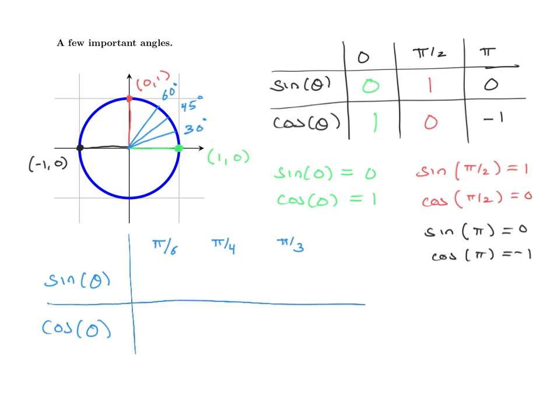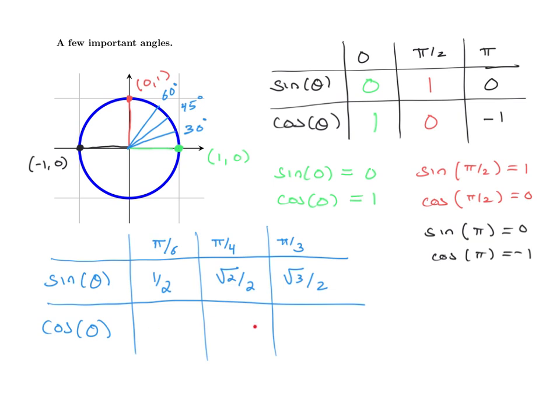These are not so easy to compute. I'm just going to list out their values. Sine of pi over 6 at 30 degrees is 1/2, or 0.5. At pi over 4, it is root 2 over 2. And at pi over 3, it is root 3 over 2.